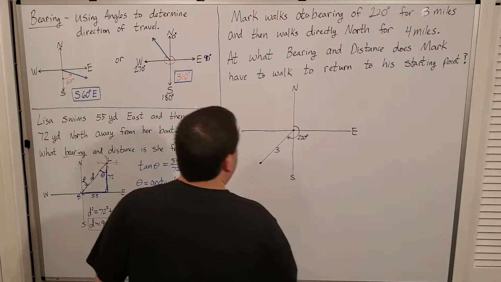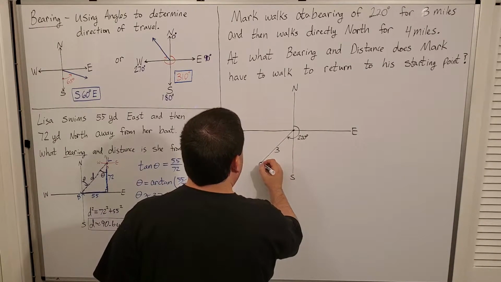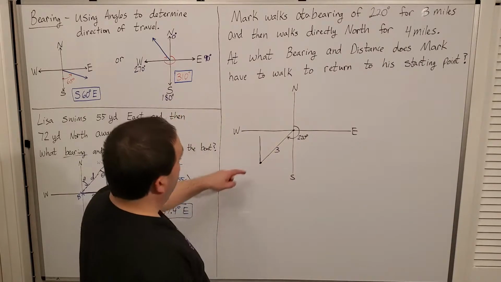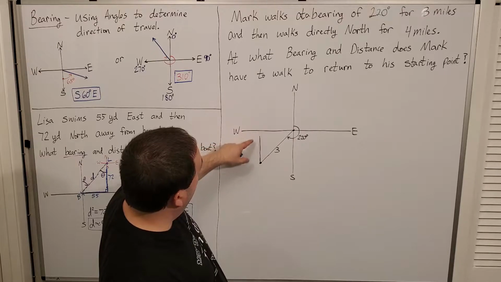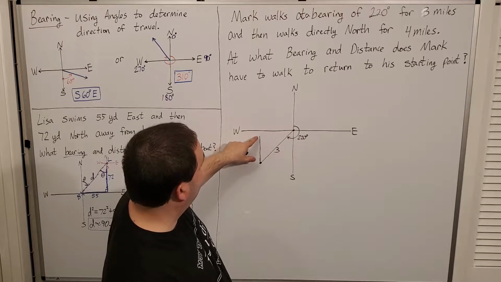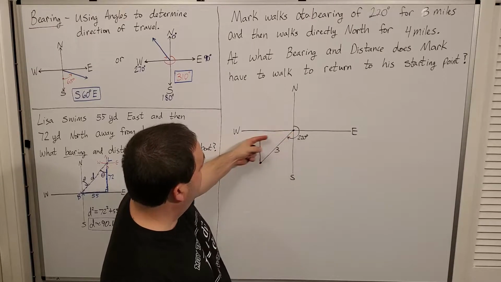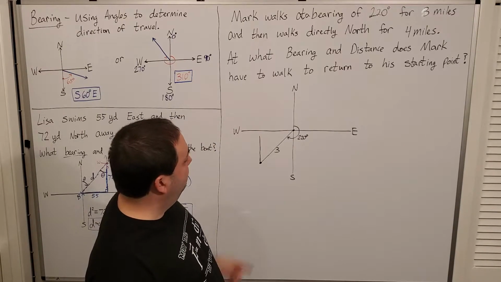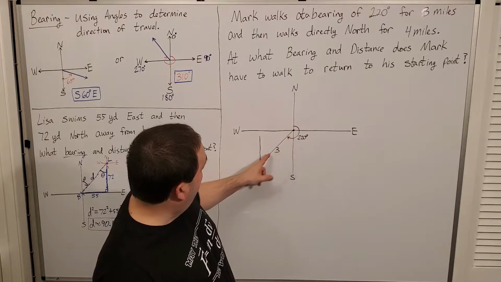Okay, so here's the question. If he's walking due north like this, okay, does he pass up the actual west line from the original starting point, or does he not? Does he stop here? Okay, well, that just takes a little bit of quick knowledge of right triangles. Notice the way this is going to be.